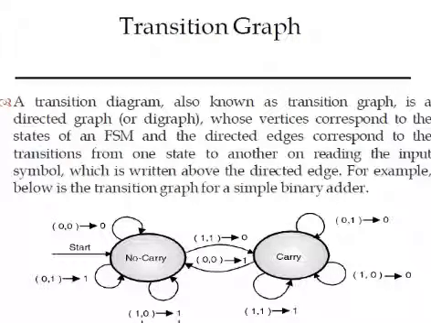Now we start preparing the transition graph for the binary adder. So now one by one we will. How do we represent it? As I have told you and shown you, it is represented like this.